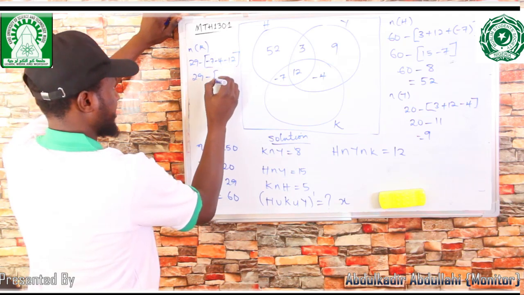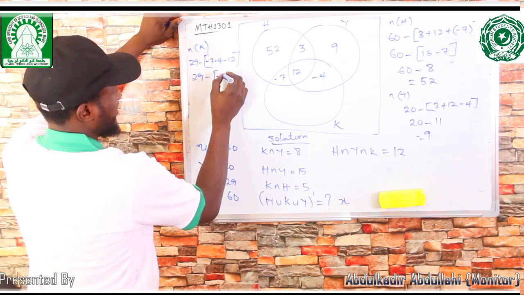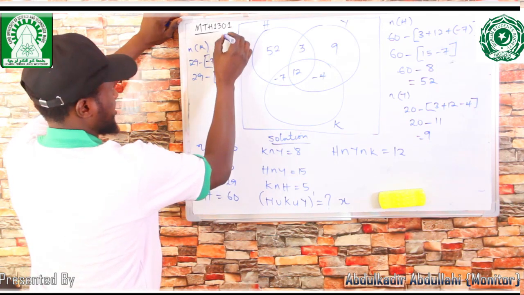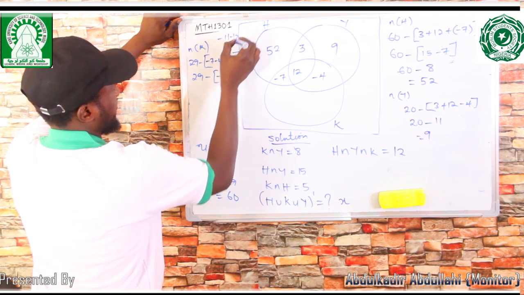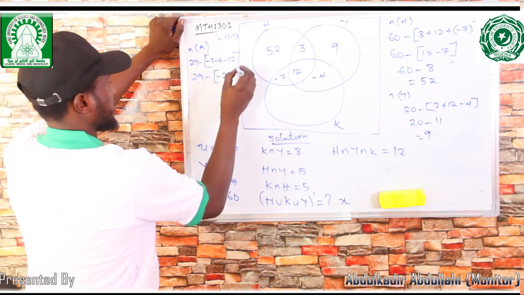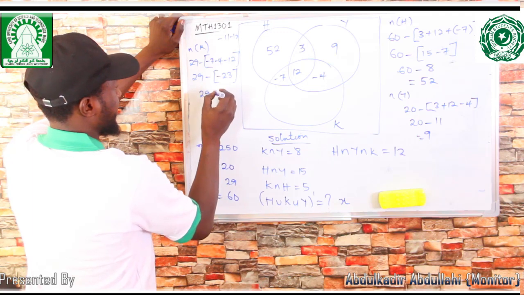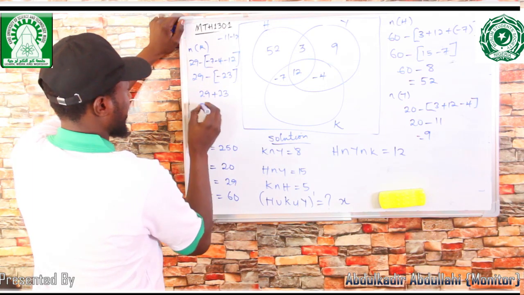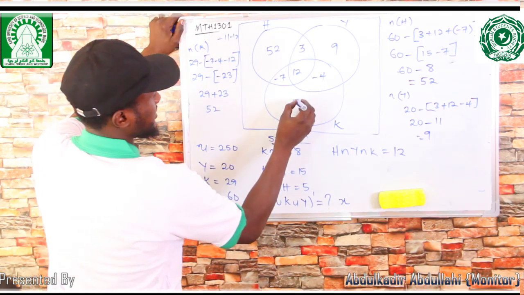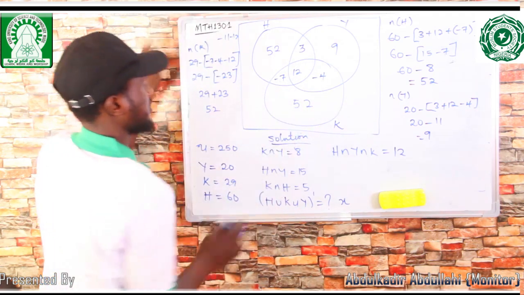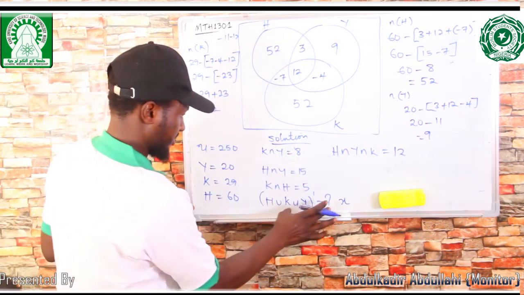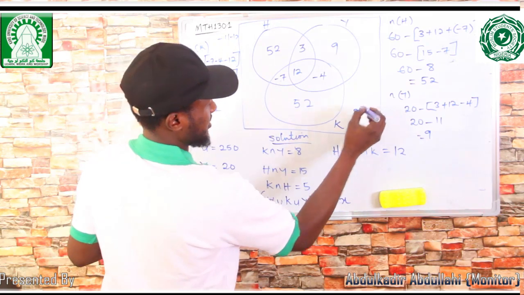Minus 11 minus 12 is minus 23. So this is going to give 29 plus 23, which is 52. Here is also 52. So then our X, just look at our X here.